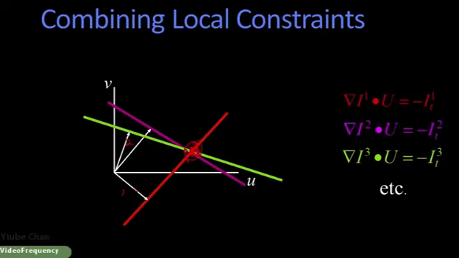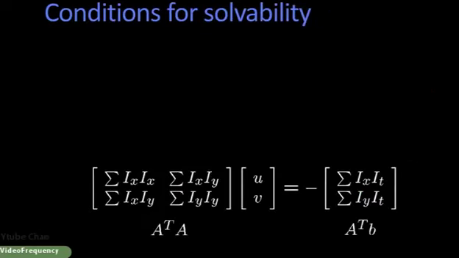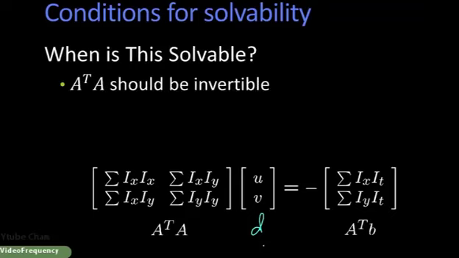That point is the correct UV. So as long as we have different gradients within the window, we can get a solution. We've seen this before, haven't we? Here is the equation we just showed you, A transpose A times D equals negative A transpose B. All right? When can that be solved? To just solve this, we would want A transpose A to be invertible, right?